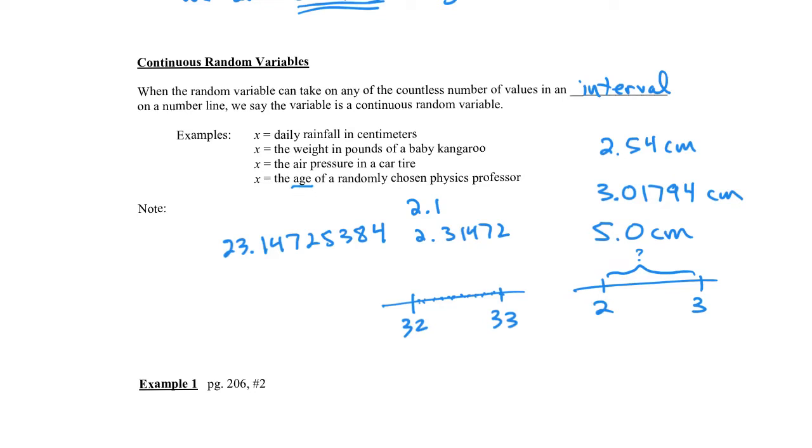So the way our book is going to do this, when we see age, they're going to think of age like this. Now in practice, most of the time in research, if you're going to publish results, you'll round age to the nearest integer. But for the book, we're going to consider age and also weight as continuous random variables, right? Not discrete. So we'll think of age as something like this, where there are decimal places over here that are ticking away as time goes on. Okay, so those are continuous random variables.